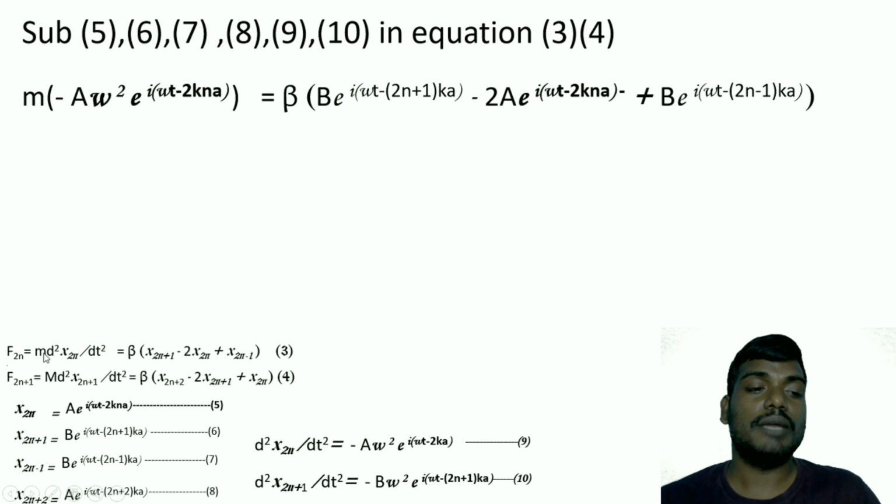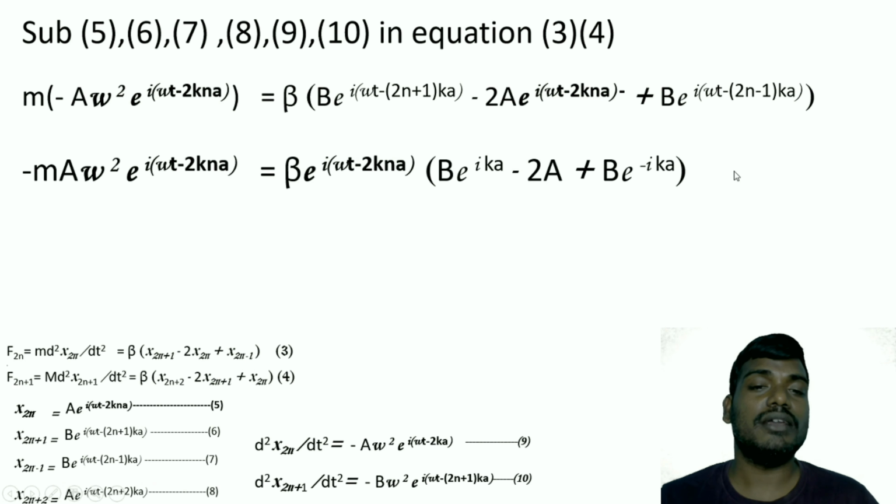Equation number 3 is like this: m d²x_{2n}/dt² equals, minus m A ω² e^{i(ωt − 2nKa)}, equal to β into (x_{2n+1} + x_{2n−1} − 2x_{2n}). We put the values in equation number 3 as it is: x_{2n+1} value is like this, next value is 2x_{2n}, that means minus 2 into A e^{i(ωt − 2nKa)}, and next x_{2n−1}, from the seventh equation, we substitute at this position.